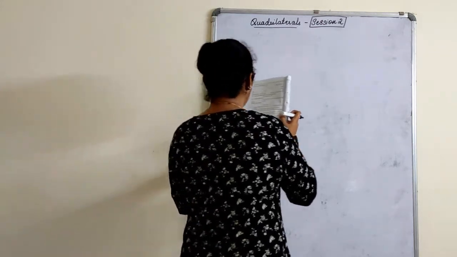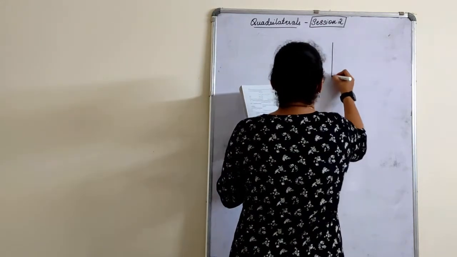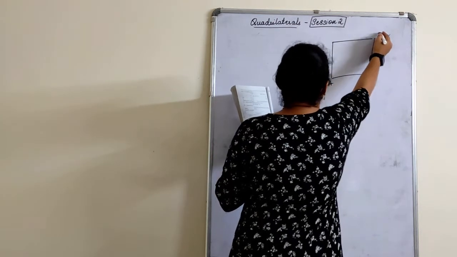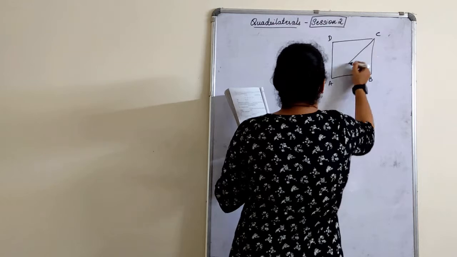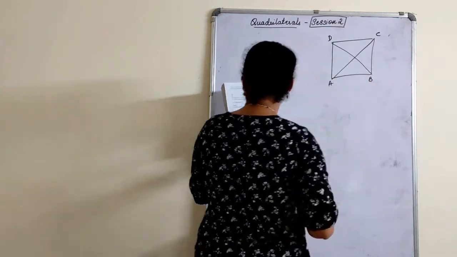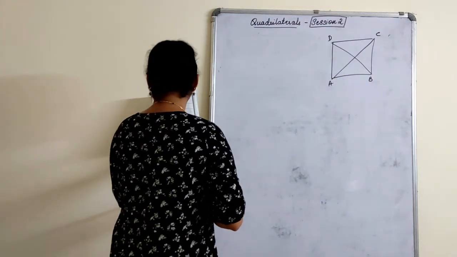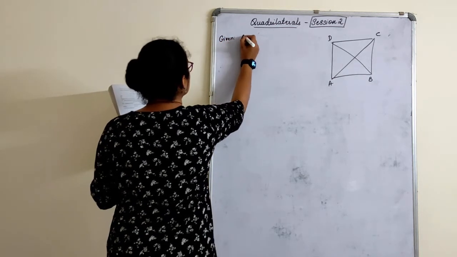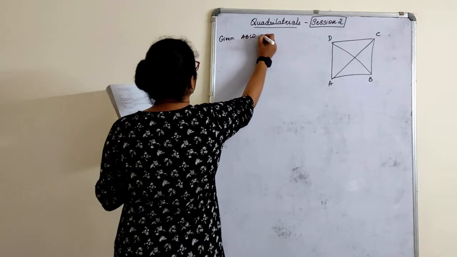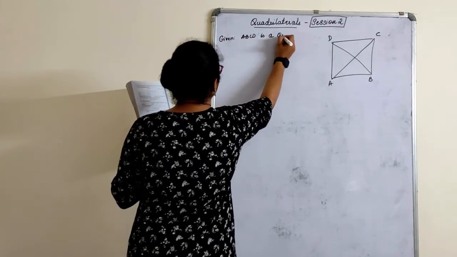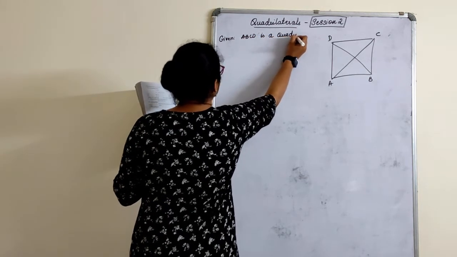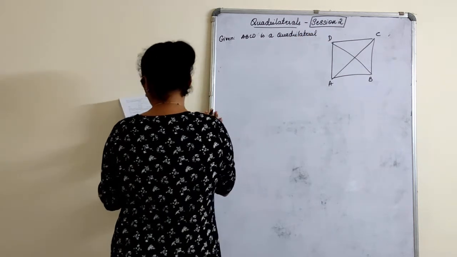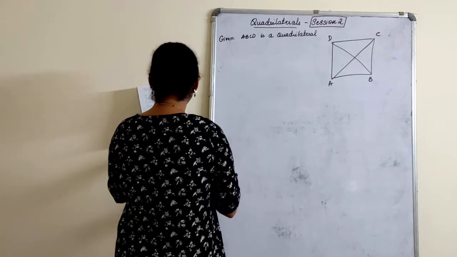Third one. If the diagonals of a quadrilateral ABCD bisect at right angles, then it is a rhombus. Given: ABCD is a quadrilateral. So diagonals bisect each other at right angles.